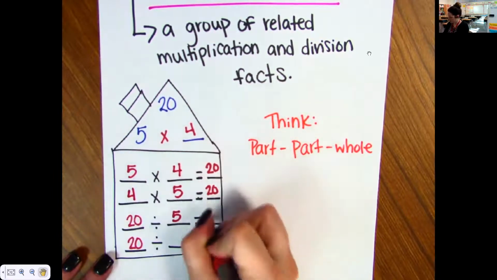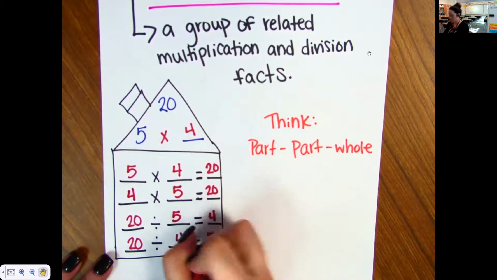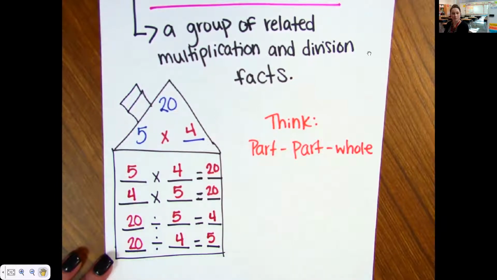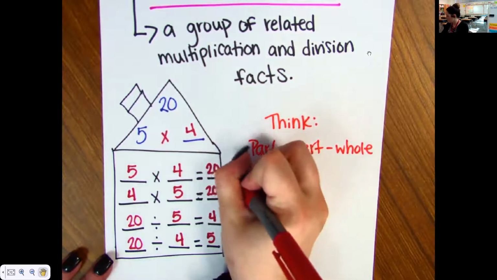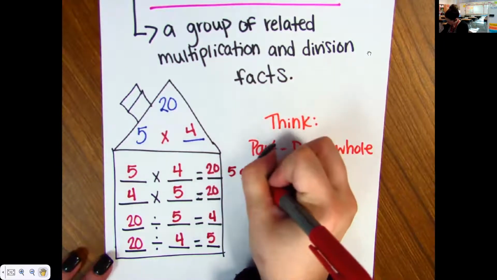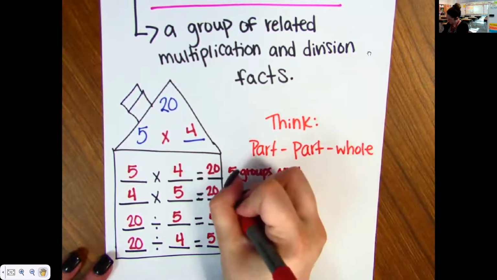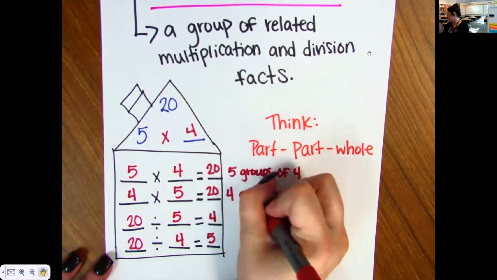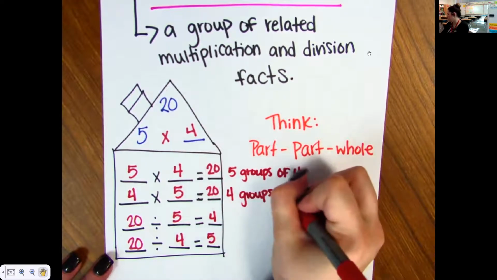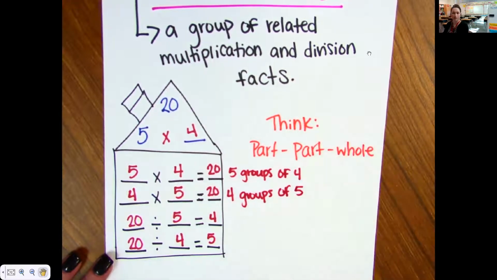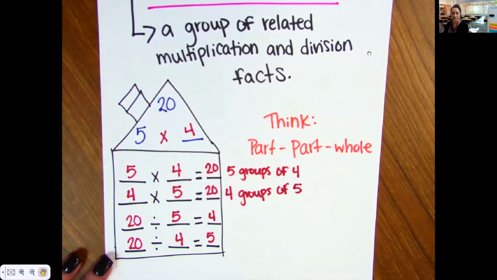So it's just going to fill in those empty blanks. So then I know I have 5 groups of 4. I have 4 groups of 5. And then they both equal 20. Okay, so that's how we can fill in our fact family.